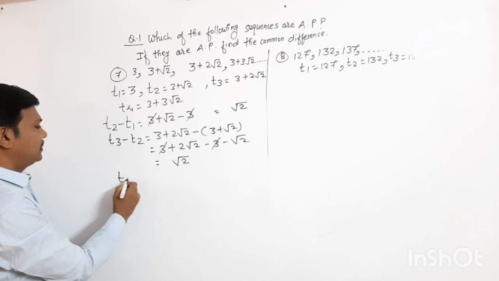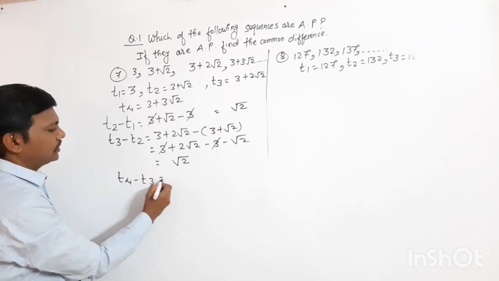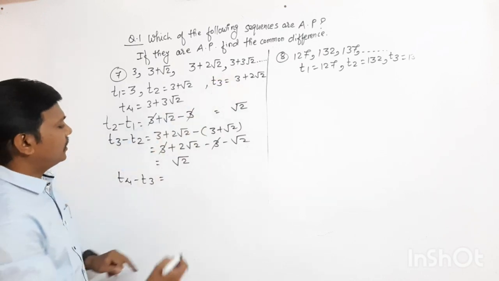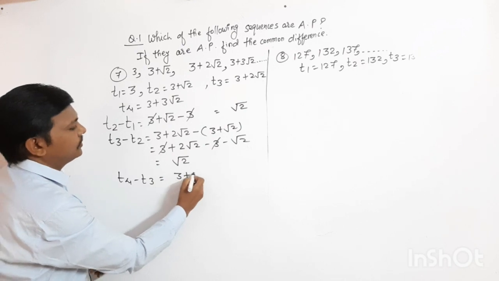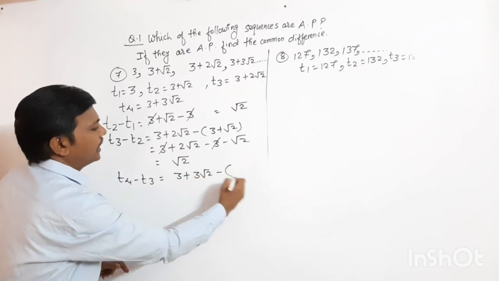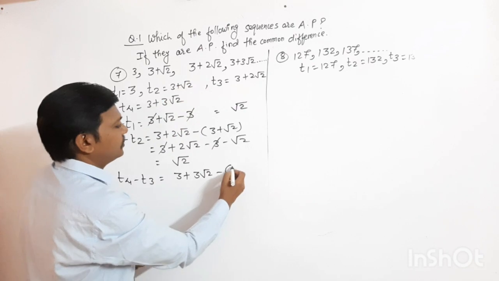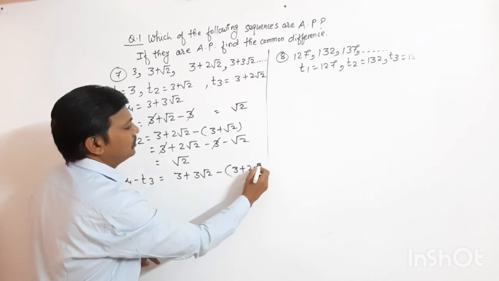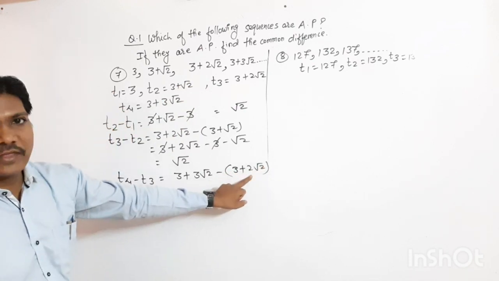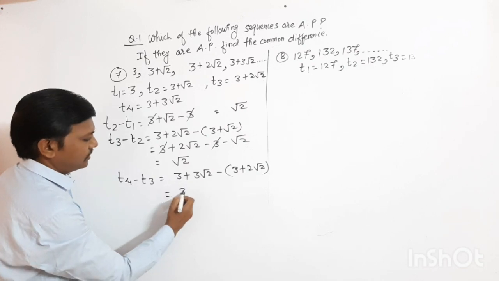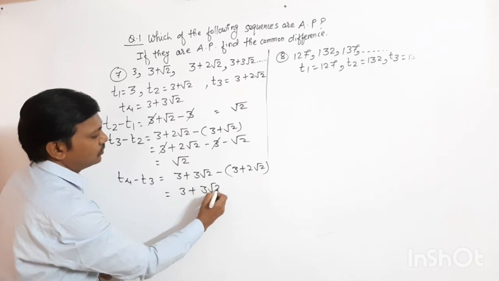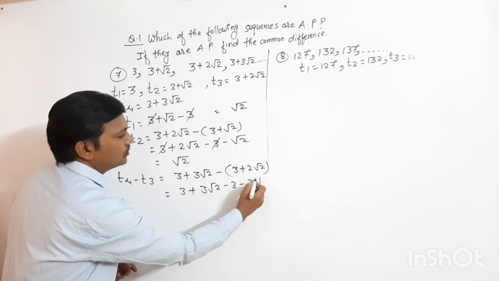Then T4 minus T3. The fourth term is 3 plus 3 root 2 minus the third term, that is 3 plus 2 root 2. So again change the signs and see what the answer is. 3 plus 3 root 2 minus 3 minus 2 root 2.